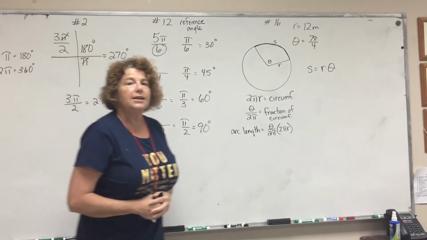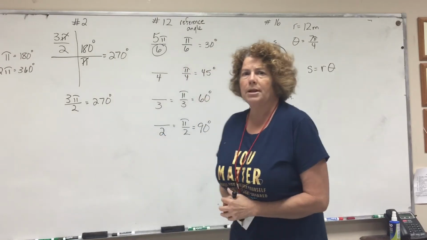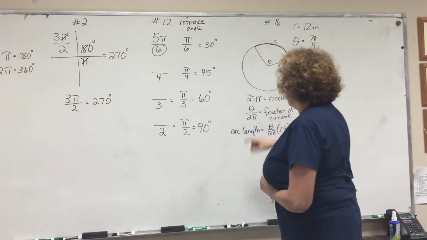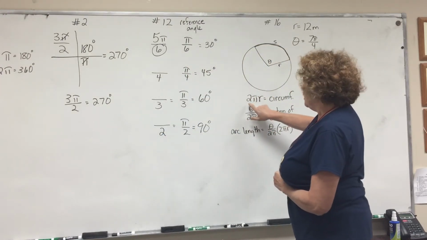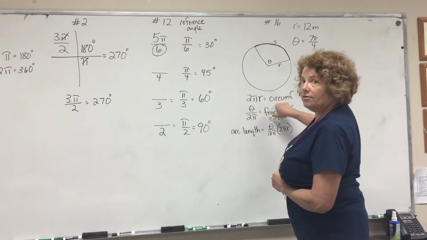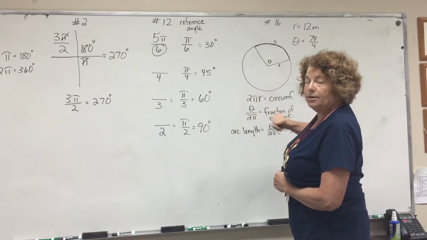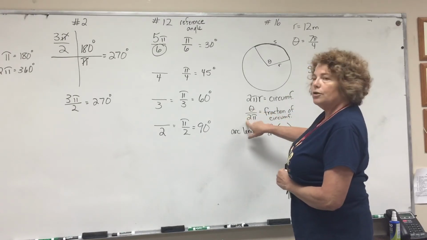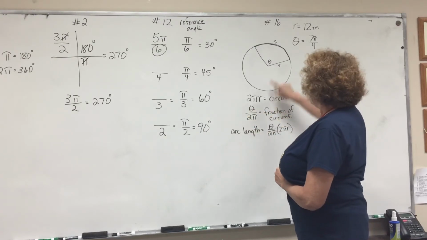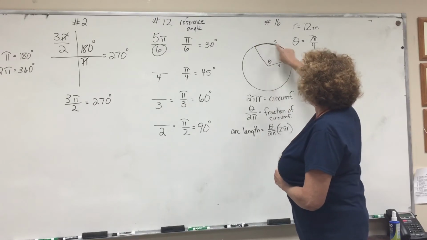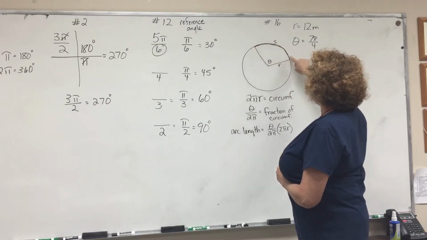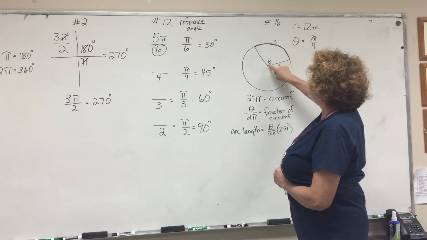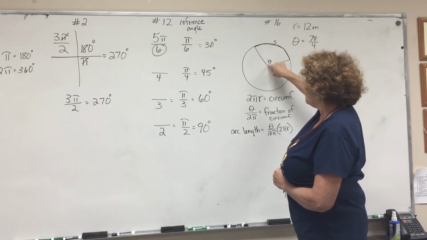Now for number 16, we're finding arc length. Now, believe it or not, you did this in geometry. The way you did it in geometry is you said 2 pi r is the circumference, or pi times diameter, because the diameter is twice the radius. And the angle over 360 is the fraction of the circumference you want, because the arc angle, the arc degrees, is the same degrees as the central angle.